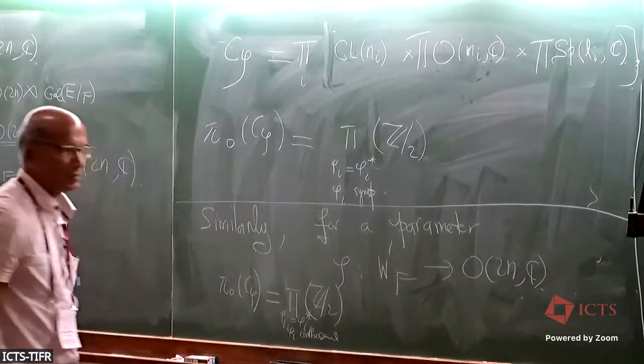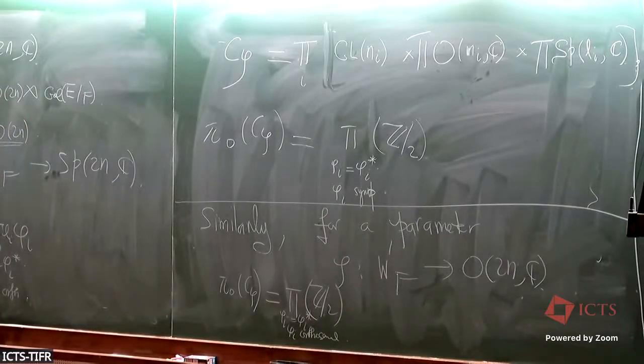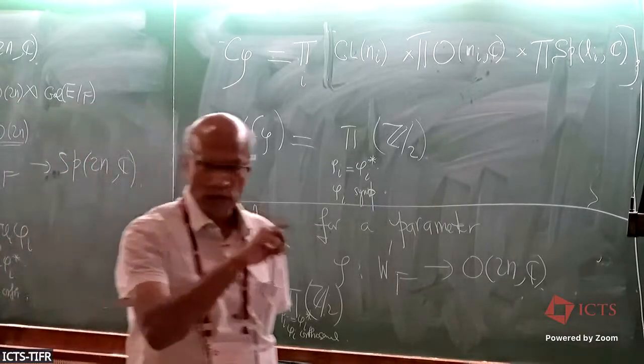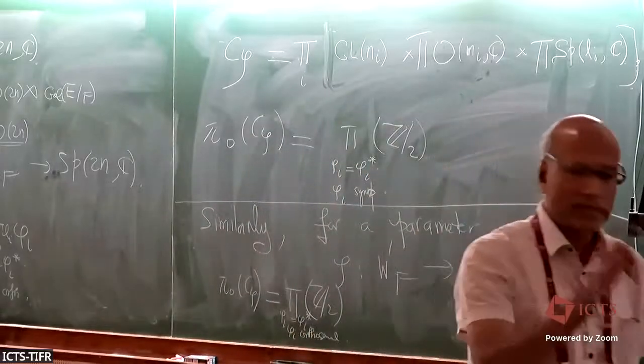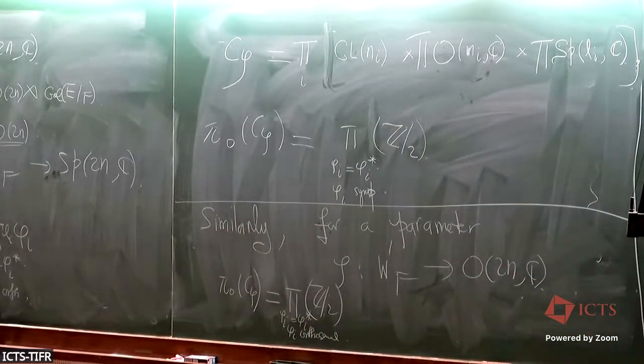Good parity means it has the same parity as the ambient group. So the component group of a parameter is parameterized by the number of irreducible self-dual representations of the same parity as the ambient L-group.